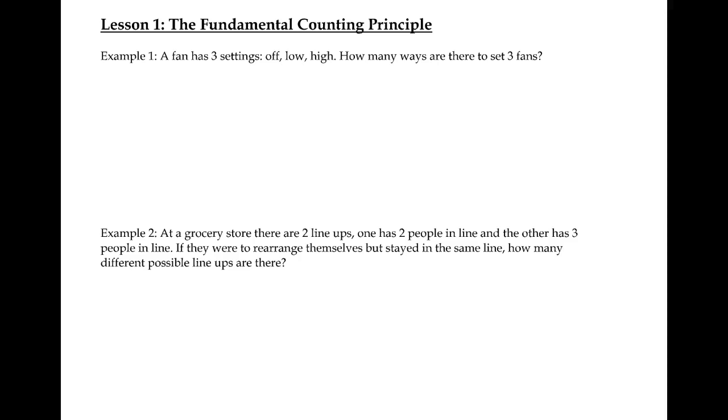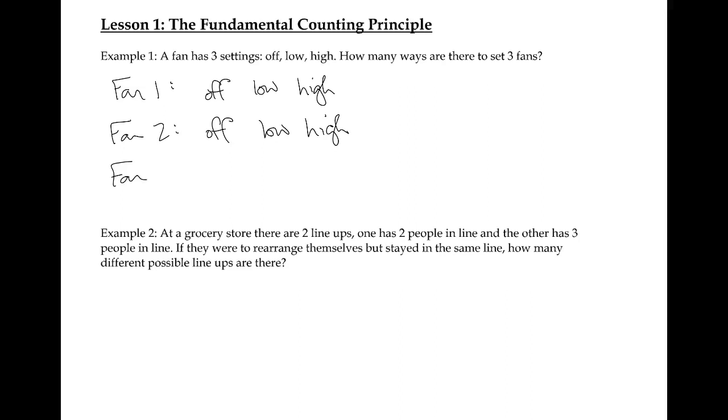So we could talk about different settings like fan 1 could be set at off, low, or high. But then fan 2 can also be set at off, low, or high. And fan 3 also has those 3 options, off, low, and high.